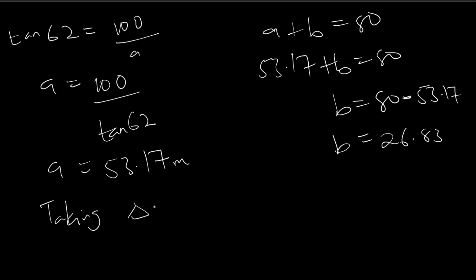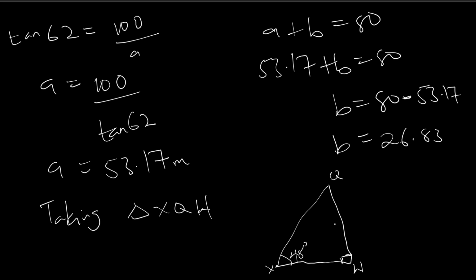So taking triangle XQW, which is this. This is 90. This is Q. This is W. And this is X. And this is 48 degrees, and this is 26.83.